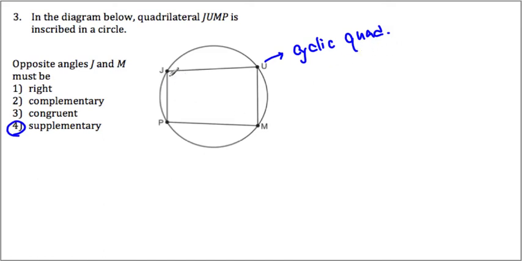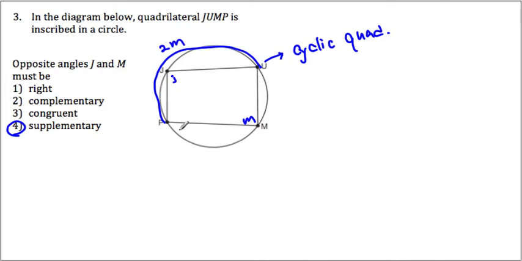Another way for us to look into this is this way. If I call this measure a small j and this measure a small m, you will realize that m is half of all these measures of the arc, which will be equal to 2m.